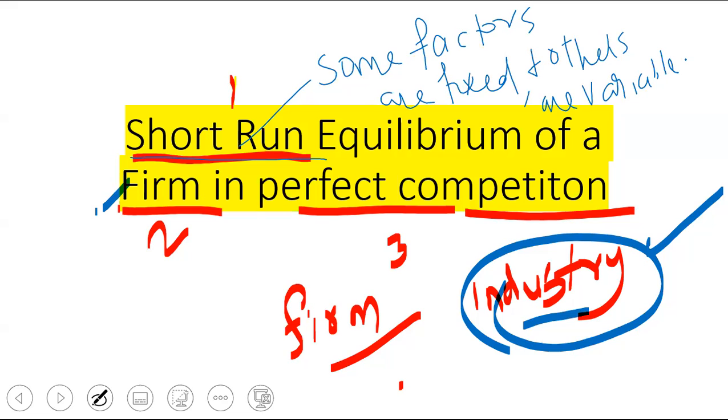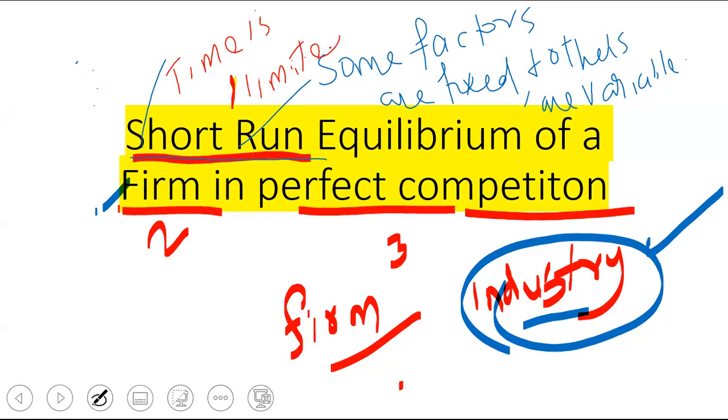Why is it so? Because time is limited. I am rubbing that word because it is not clear, I will write it again. Time is limited. Write it. Generally, what is the period of short run? Six months to eight months.